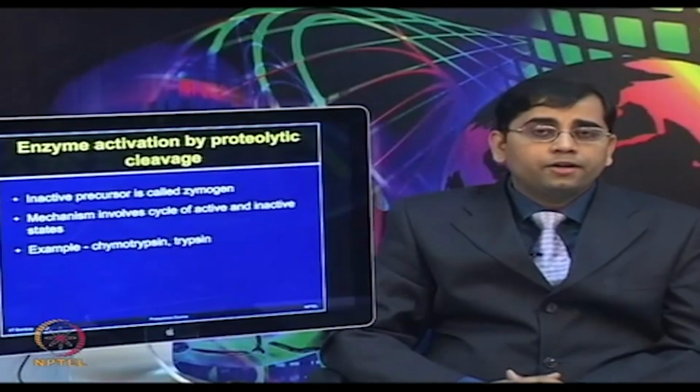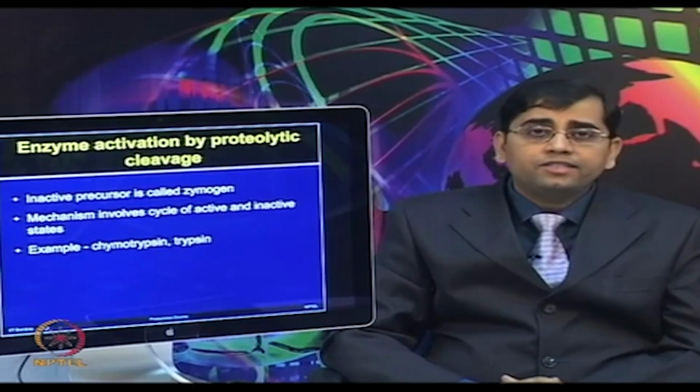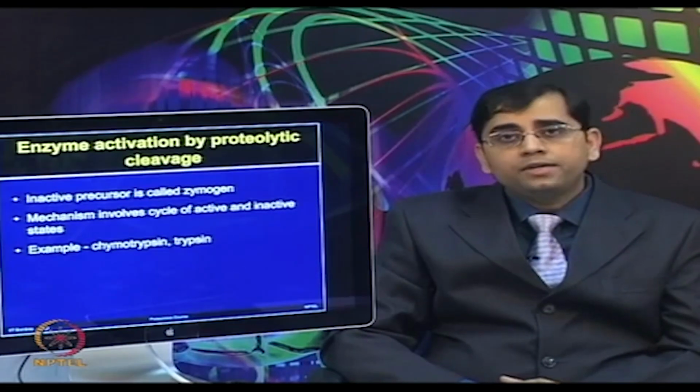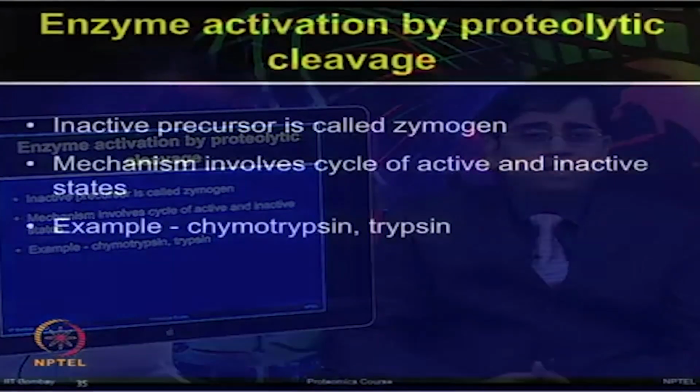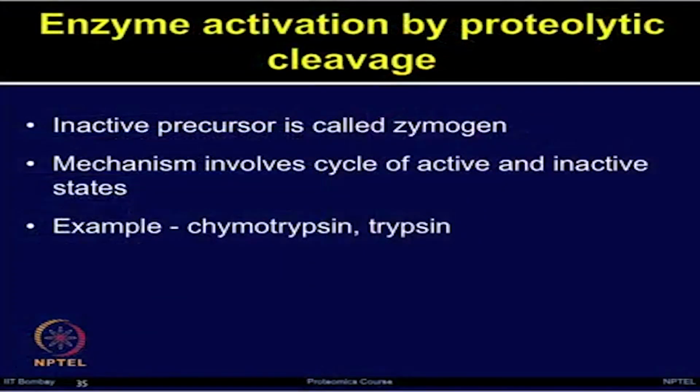Now, the last regulatory strategy is enzyme activation by proteolytic cleavage. Enzymes can be controlled by this mechanism, which cycles between active and inactive states. The inactive precursor is known as a zymogen or proenzyme.